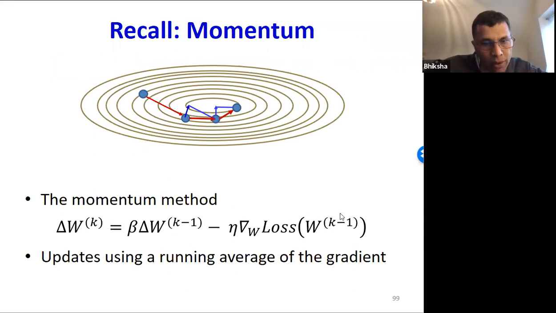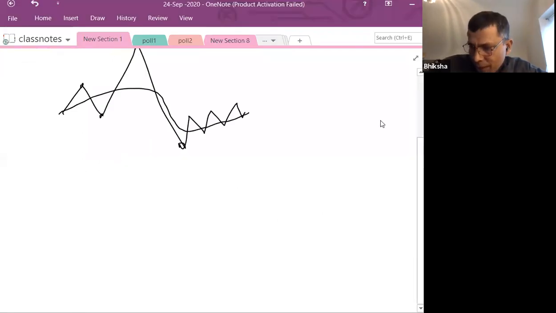We've already seen two of these trend algorithms. One was momentum. In momentum, suppose we had taken a step of this kind at the kth iteration.